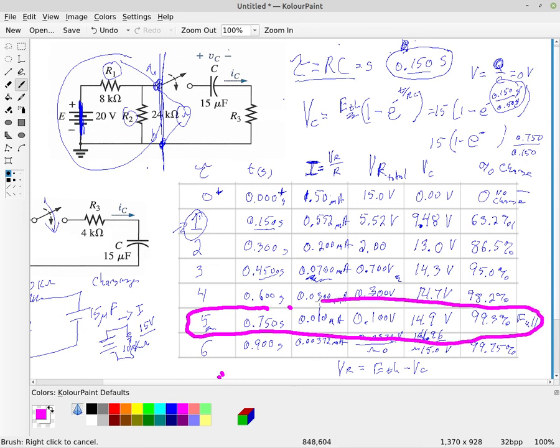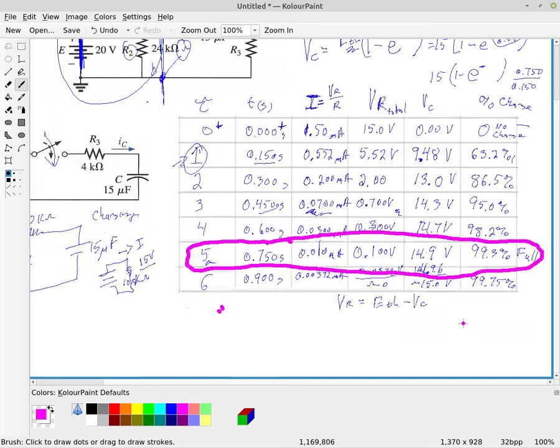Now, I didn't actually take this out, but if you go out to 10 time constants, or even 30 time constants, you won't quite reach the full 15 volts if you take it out enough decimal points, because theoretically you'll never quite reach the 15 volts that we would be charging it up to.